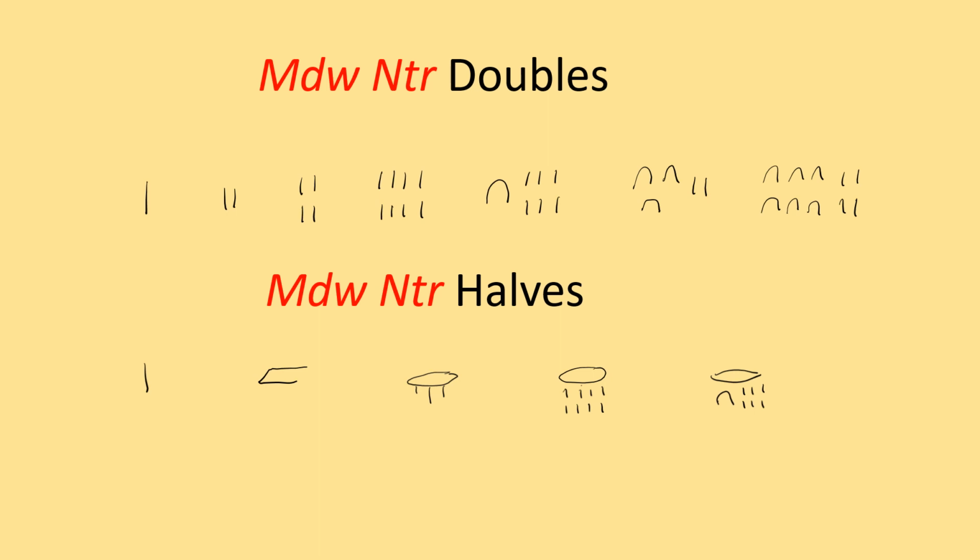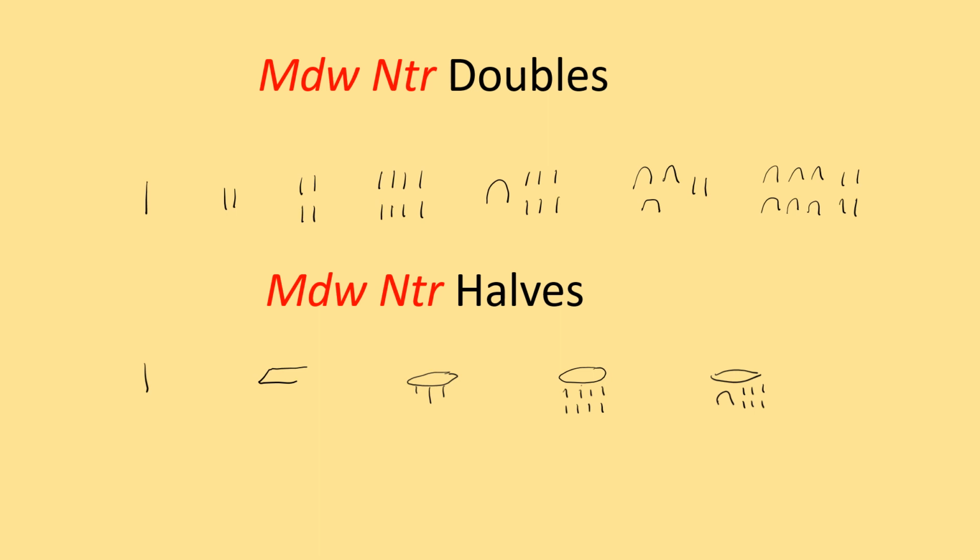So just to sum up this lesson, I want to say that everything starts with the number 1, the concept of oneness. We do doubles starting with 1, and we take 1 and then we double it and double that and then double that. And for halving, we start with 1 and then we take half of that and half of half and half of a fourth and so on.